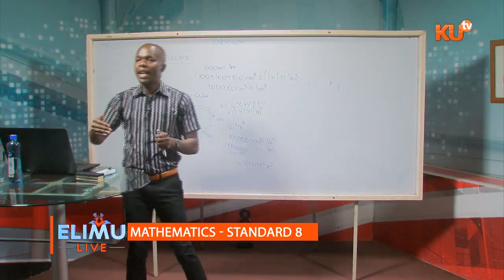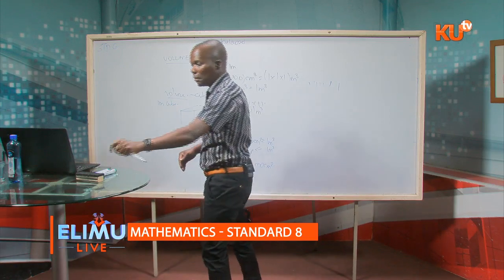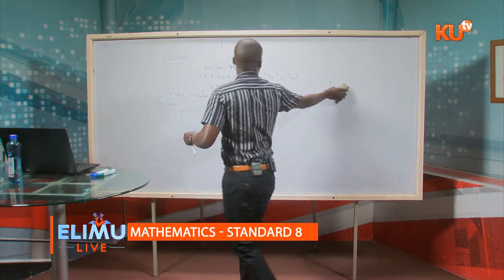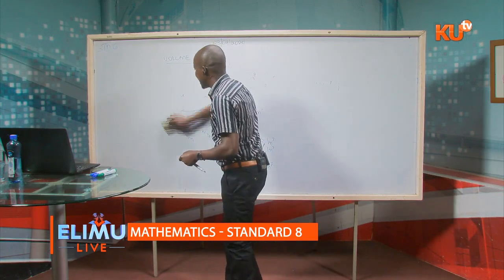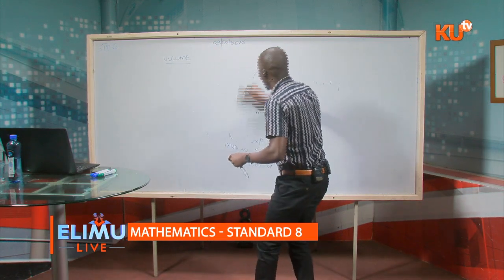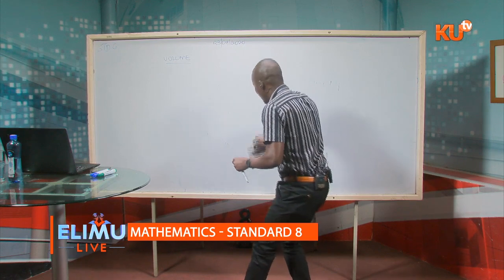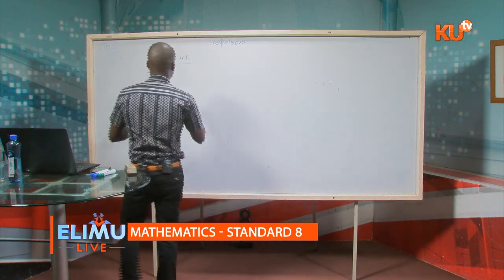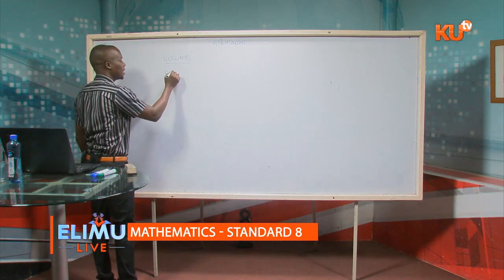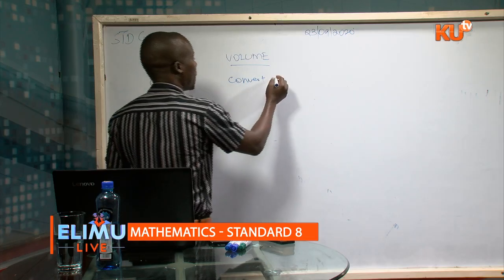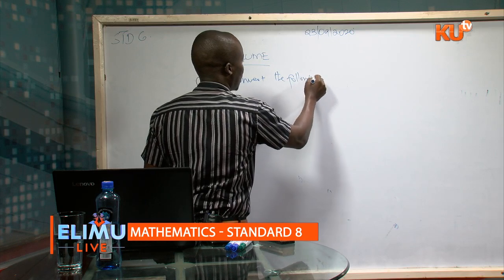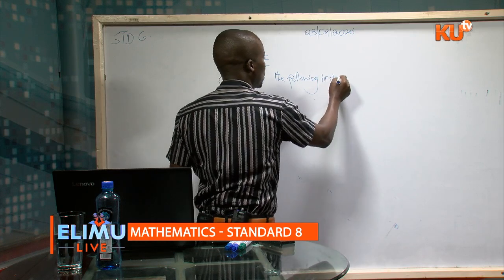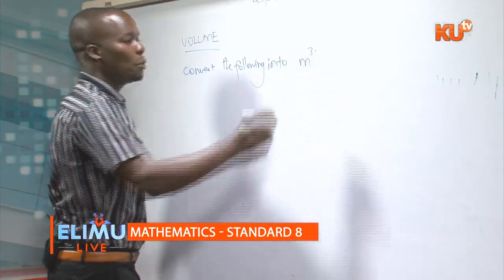Now we can go ahead and convert other measurements from cubic centimeters into cubic meters. How do we do that? Maybe you are told to convert the following into meters cube.